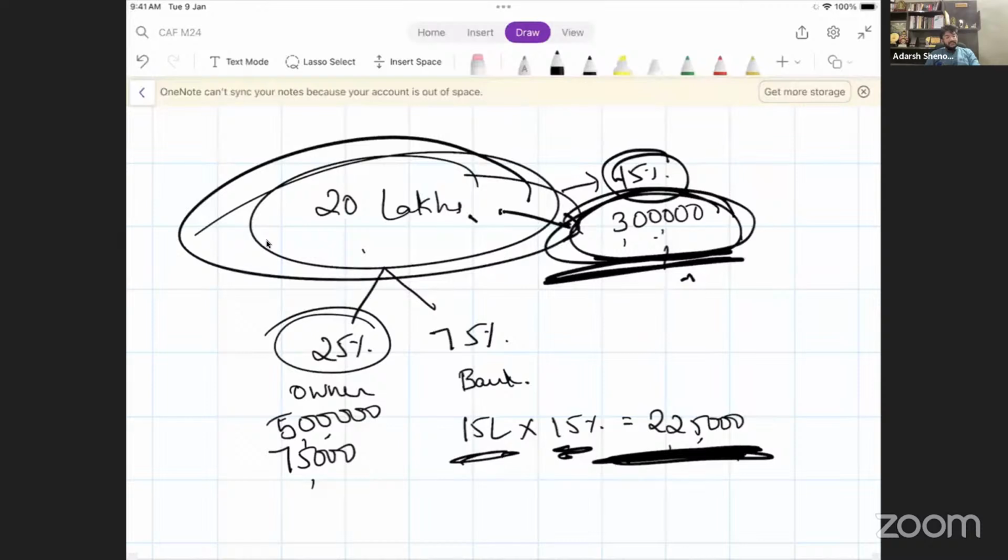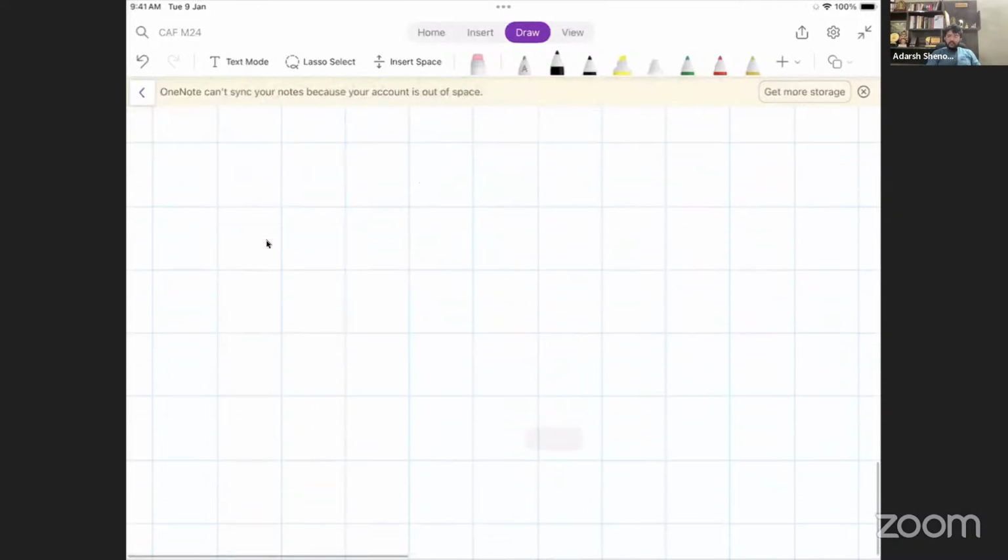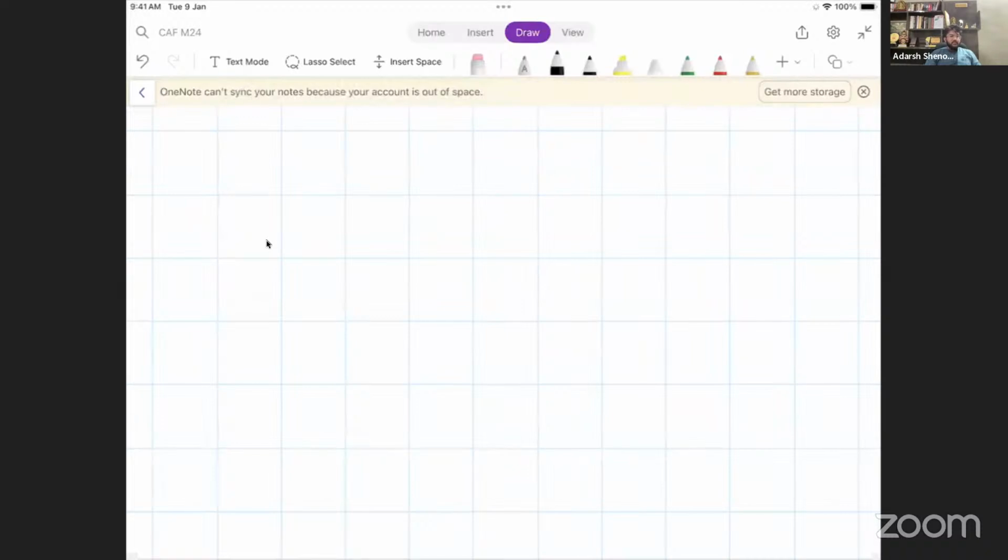So redemption of preferential. Now let's discuss redemption of preferential. So what is redemption of preferentials? A repayment of capital. What is capital? Owner's money. So in the business, whatever money is invested is always coming from two sources of funds.